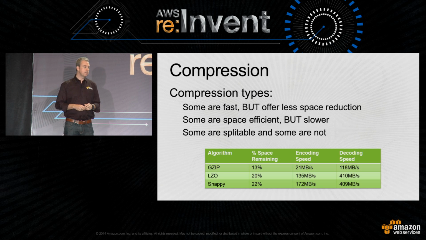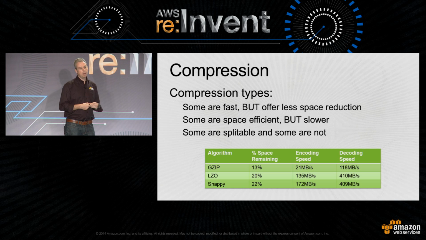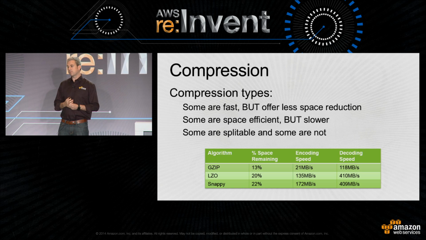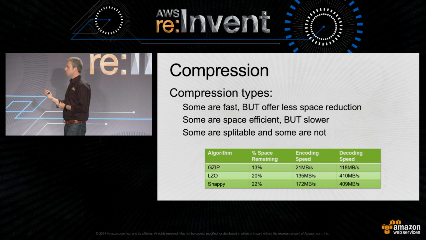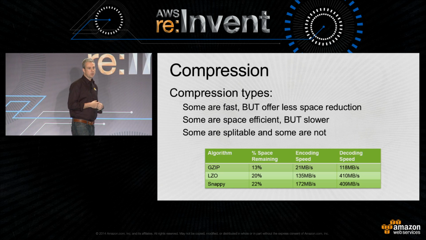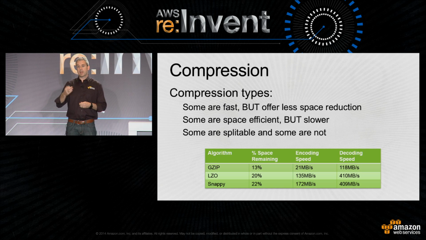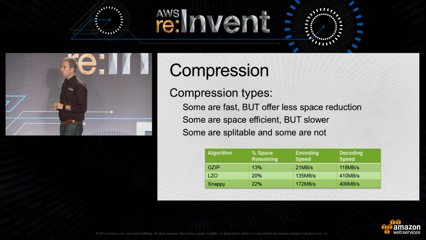You can see an example there on the table of some of the comparisons that we've observed of the space efficiency of a given codec versus the encoding speed. gzip is extremely efficient at compressing data, but unfortunately, it's also extremely slow. And it's a file-level protocol.